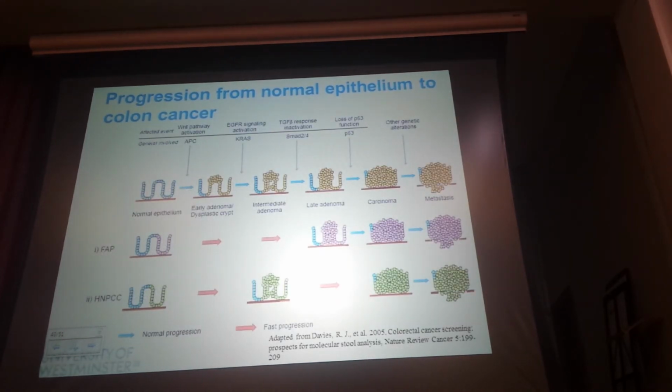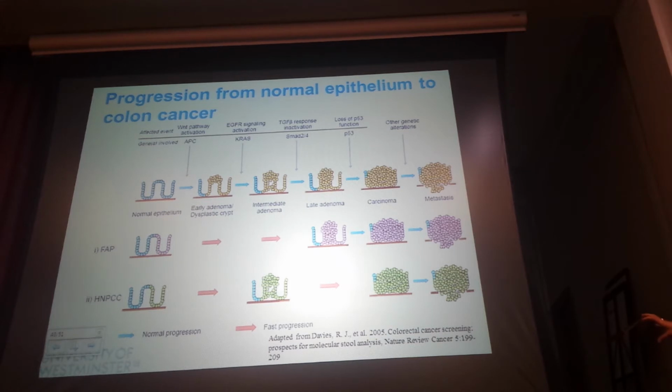So here's, I think, quite an important slide, because it shows you the progression from the normal epithelium to colon cancer. And it gives here three different types of examples. On the top line, you have sporadic colon cancer. In the middle, you have the FAP, the one where I showed you there are thousands of polyps because there's a mutation in the gene called APC.